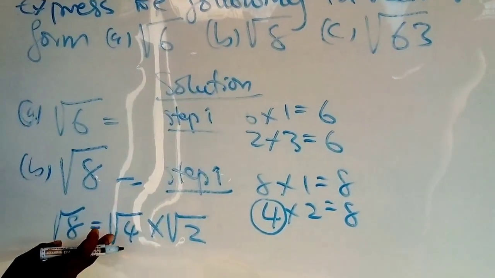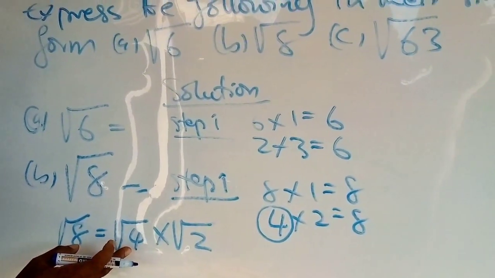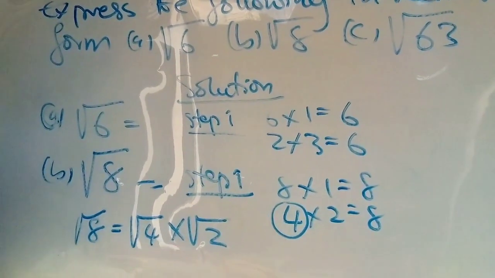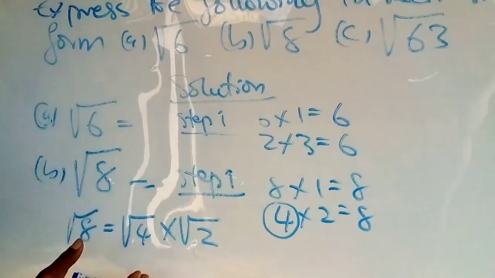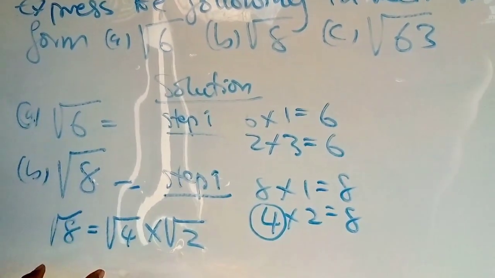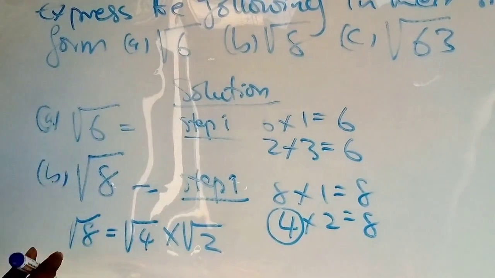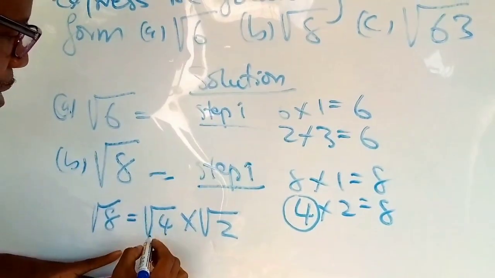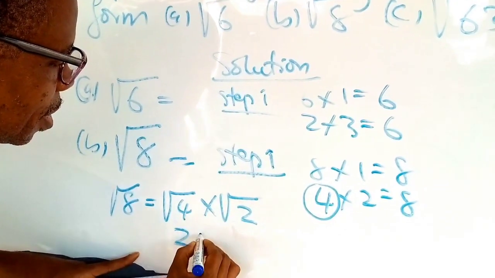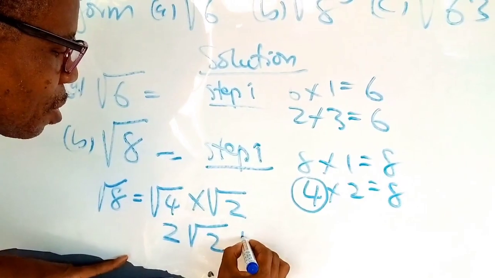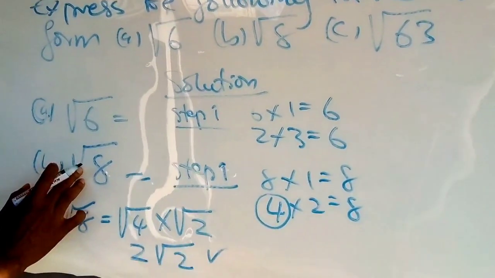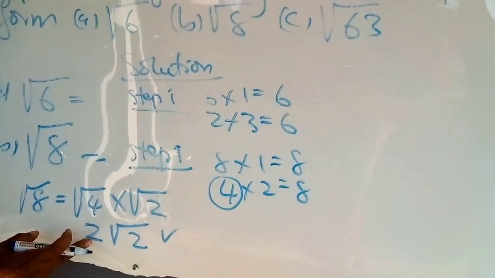And because root 4 is a perfect square, root 4, which is square root of 4, is actually 2. We just call it square root of 4 because it's not a surd. Square root of 4 is actually equal to what? 2. So that means the answer now is 2 root 2. That means to simplify root 8, the answer will be 2 root 2.